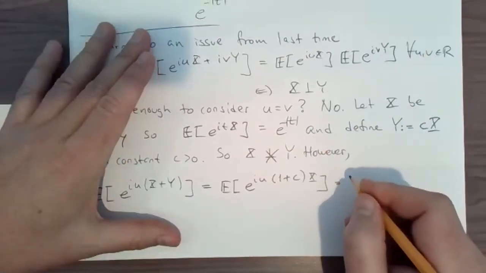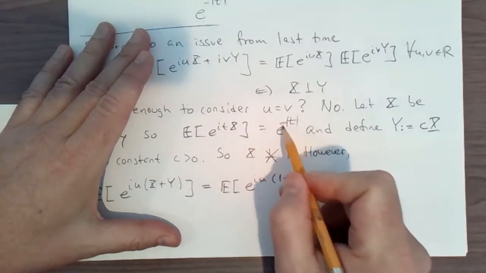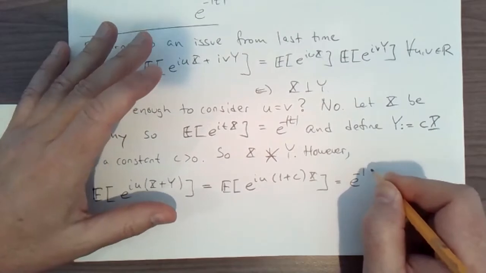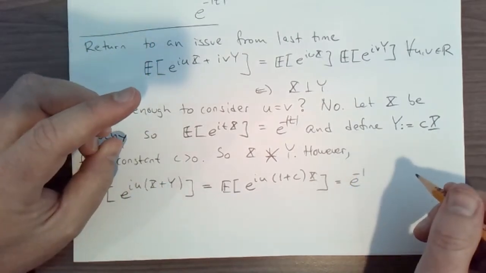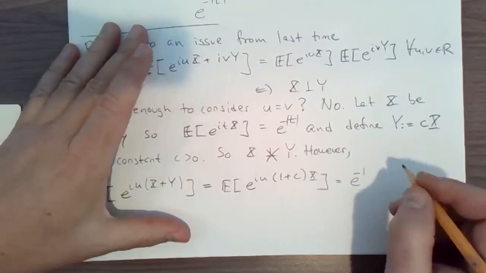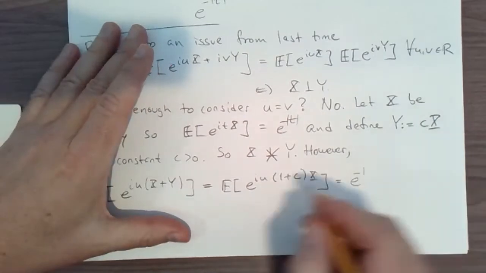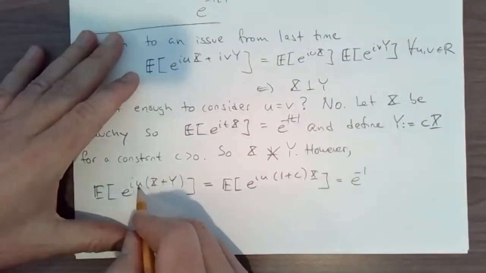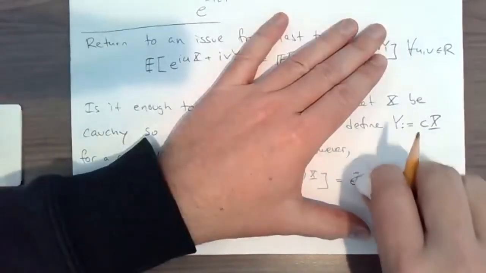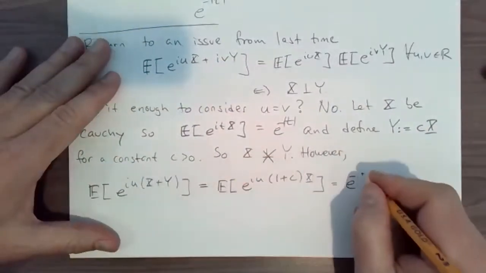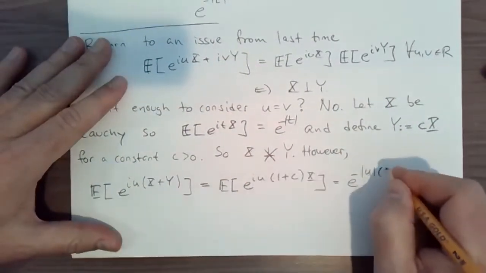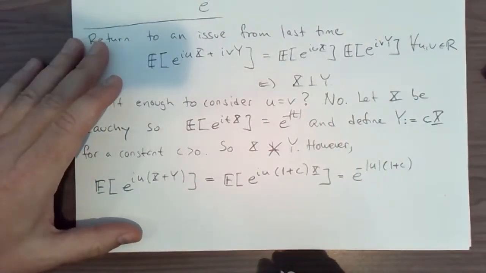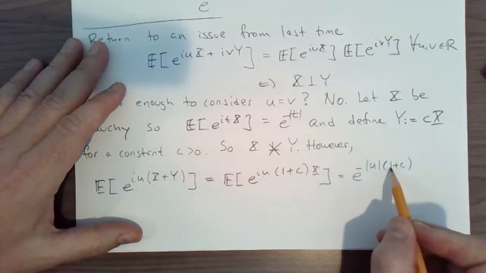This is equal to e to the minus absolute value of u times 1 plus c. We know c is positive, so 1 plus c is positive and we can take the absolute value of what we have here.